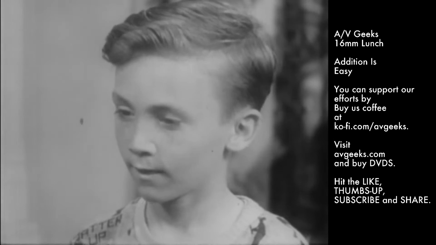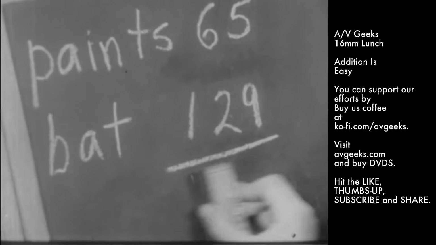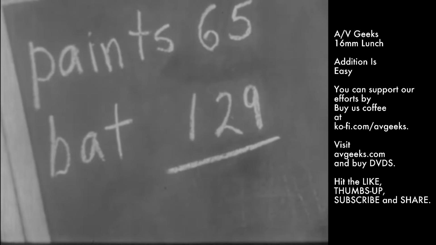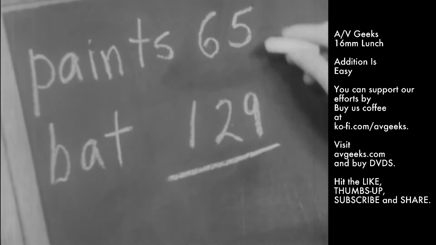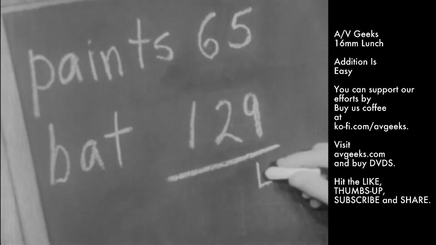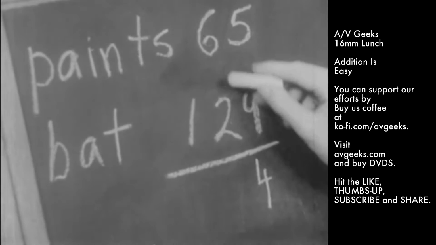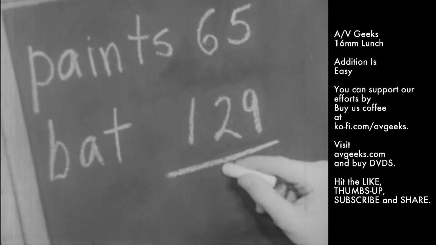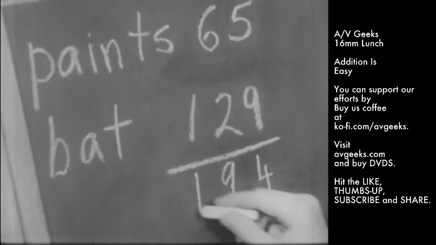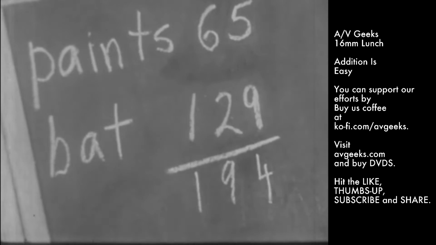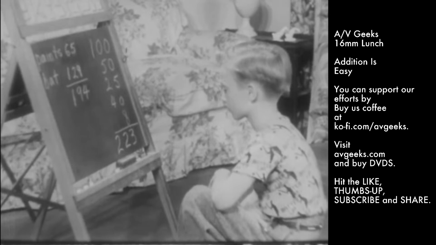And how do we check our adding? That's right. Add from the bottom up. $194. Just what we found adding the other way.